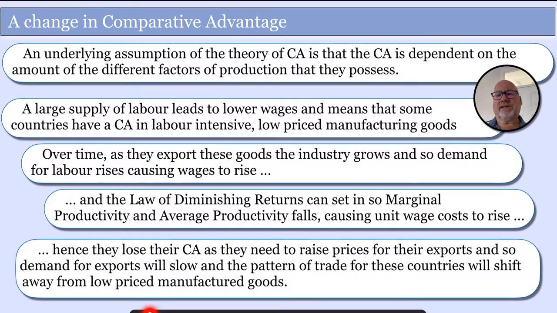They need to raise prices for their exports. Demand for those exports will slow, and so it will shift away from those low-price manufacturing goods. And it may be that there's other countries that have come along with another large supply of labour, and they're taking their market.